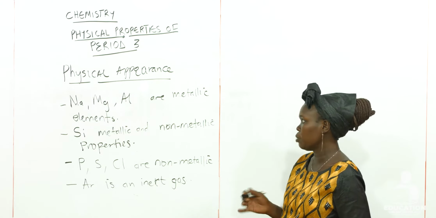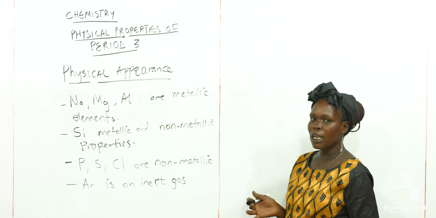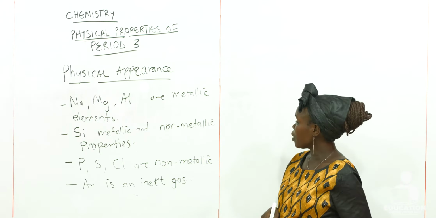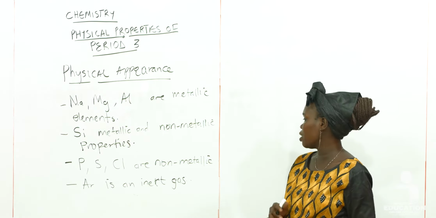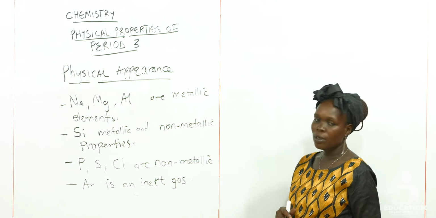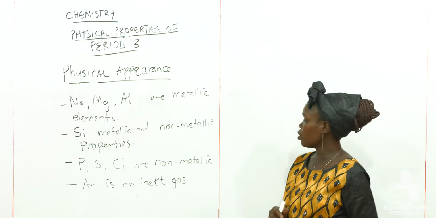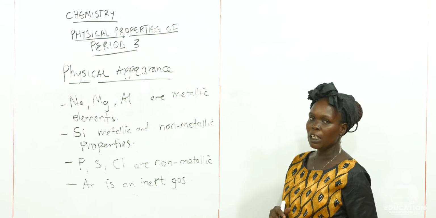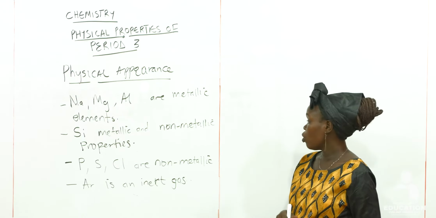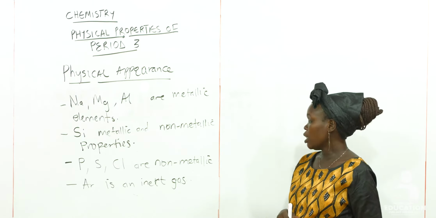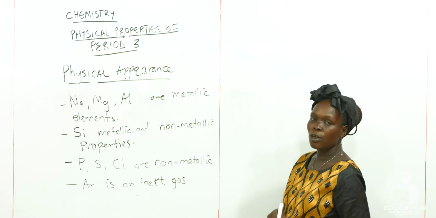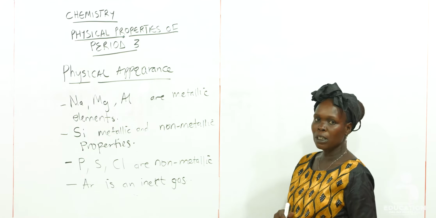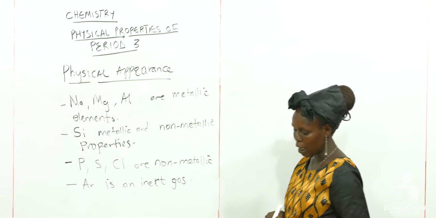Phosphorus, sulfur, chlorine are non-metallic and behave by gaining electrons to form a compound, while argon is an inert gas whose outer electron shell is full, so it neither gains nor loses electrons.